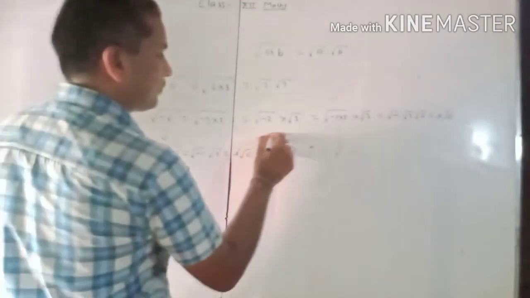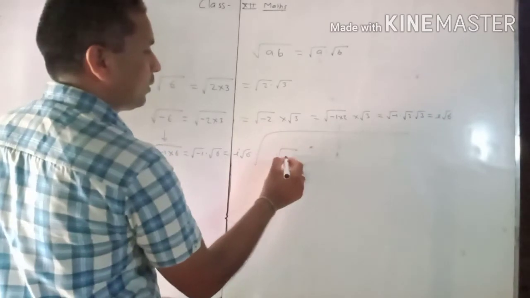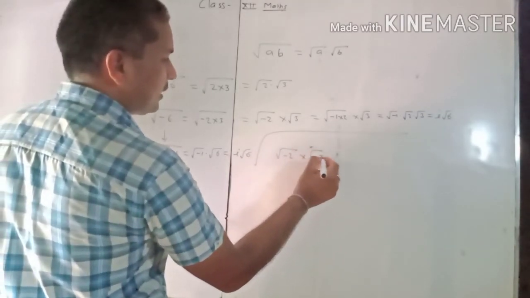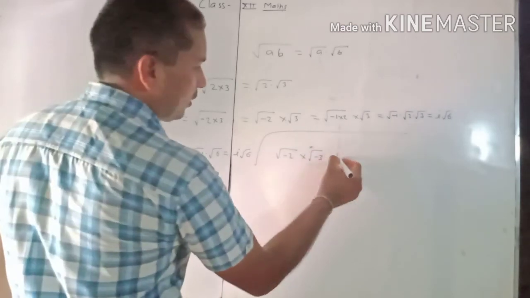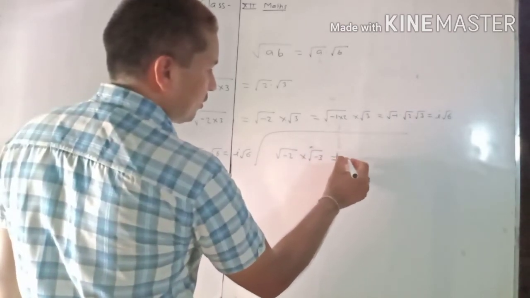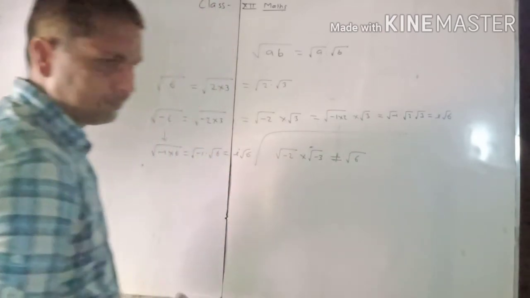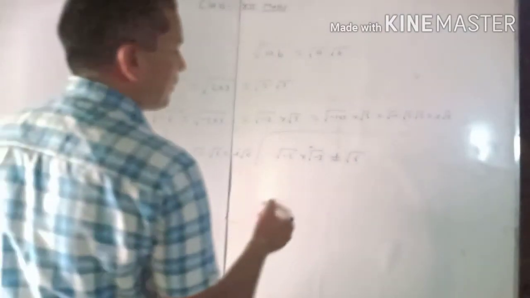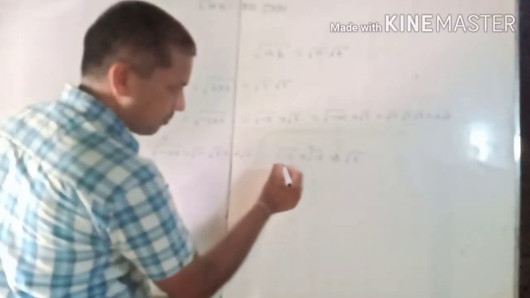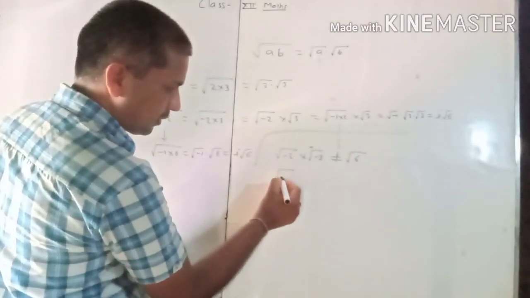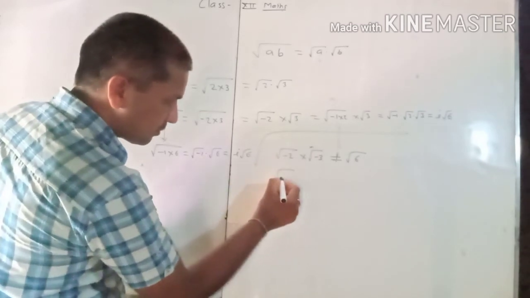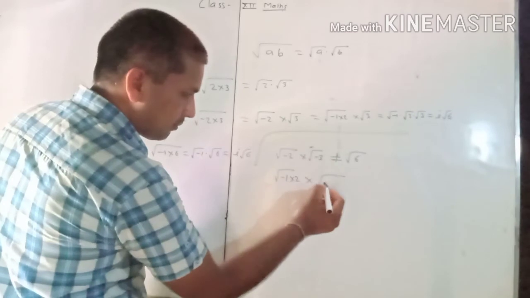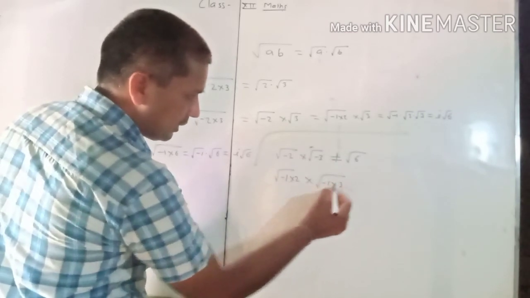But root over minus 2 into root over minus 3 is not equal to root over 6. Why? Because root minus 1 means I, so root minus 2 means root minus 1 into 2, into root minus 3 means minus 1 into 3.